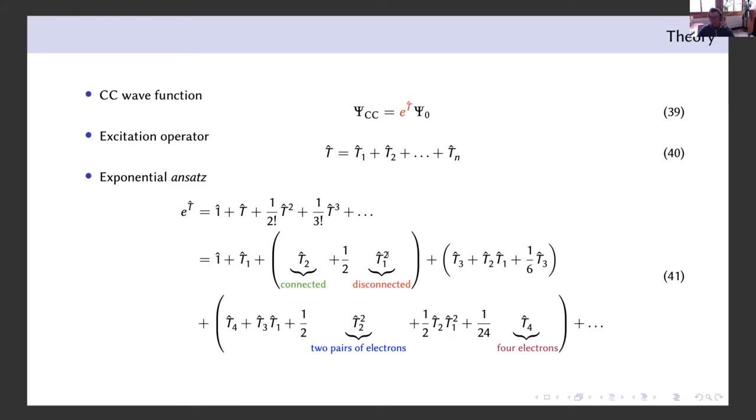The basic example is two H2 molecules very far away. In CI, you're going to miss this double excitation, and that term is present in coupled cluster with this T2 squared term, for example. Those disconnected terms are what make your method size extensive.